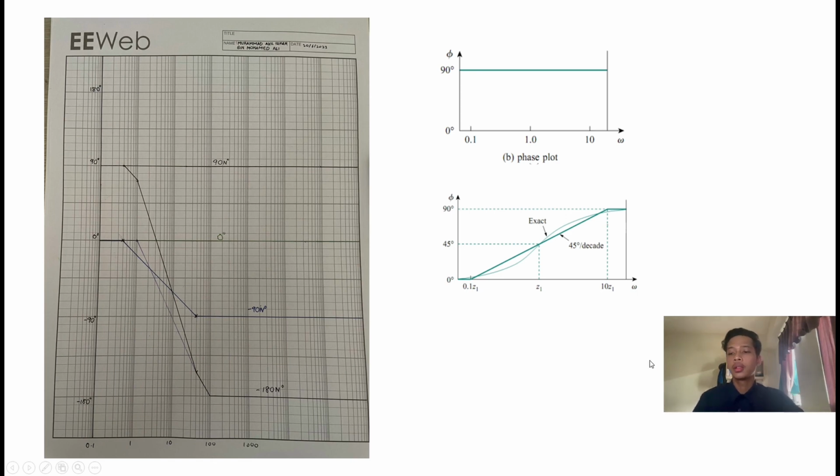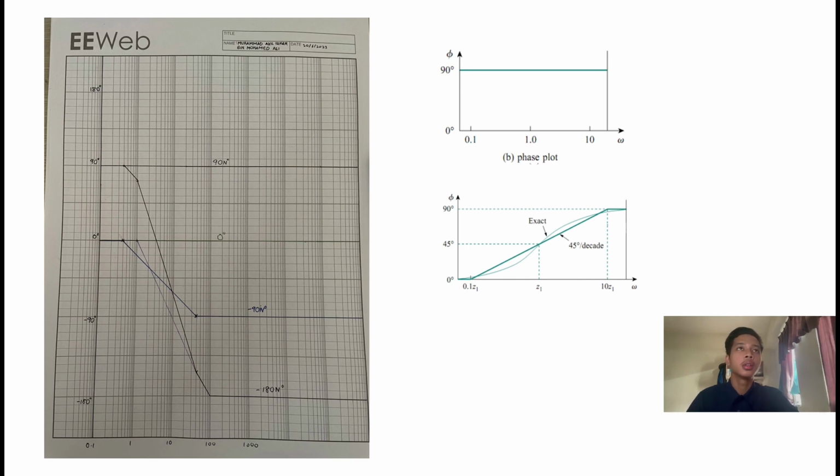So next we go through the phase plot. This is the graph of the phase plot. First of all, we can talk about j omega. This is a 0 at origin.